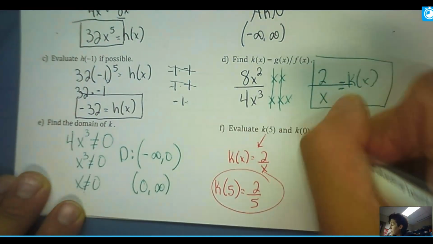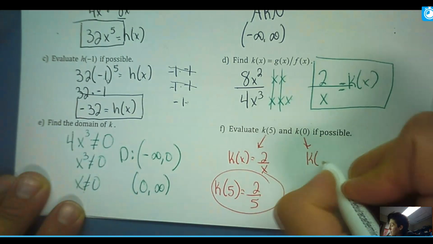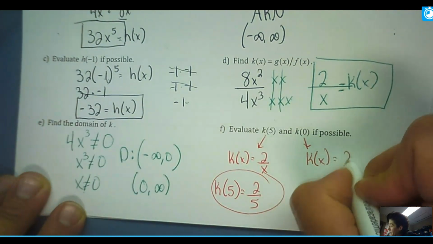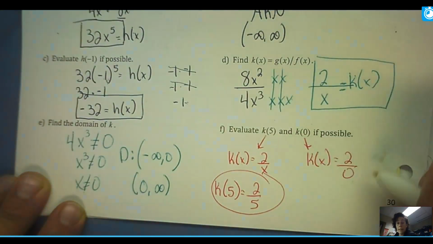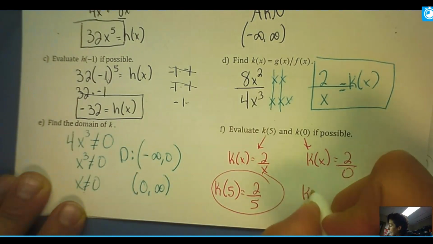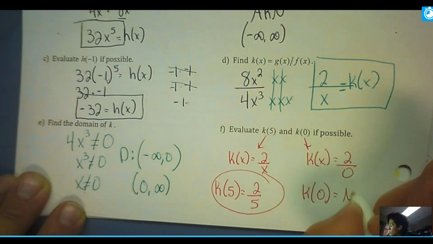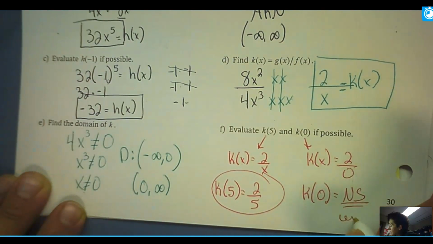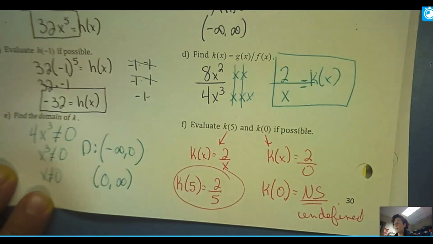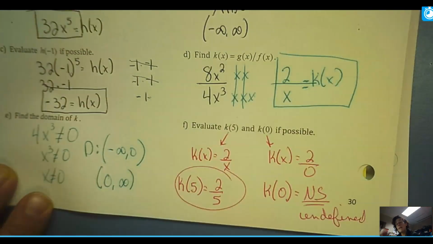Now, when I try to put 0 in there, this is why you see this if possible part. You can't divide by 0. So k, when x is 0, is no solution. Technically, you would say it's undefined because you can't divide by 0. If you tried to type divide by 0 in your calculator, you would get an error message.